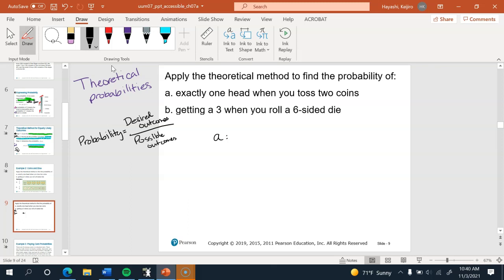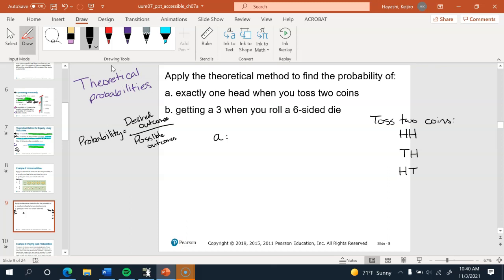When you toss or flip 2 coins, there are a number of ways that they can land. They can both be heads, one of them can be tails and the other can be heads.